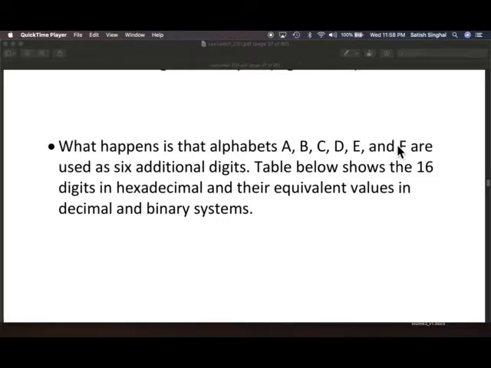So 0 to 15 are the digits, and 10 to 15 are A to F in the hexadecimal system.